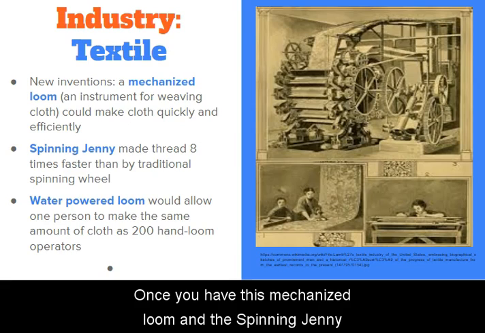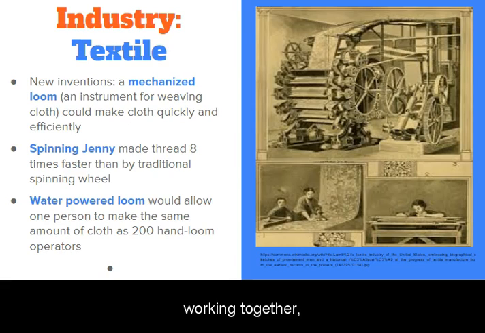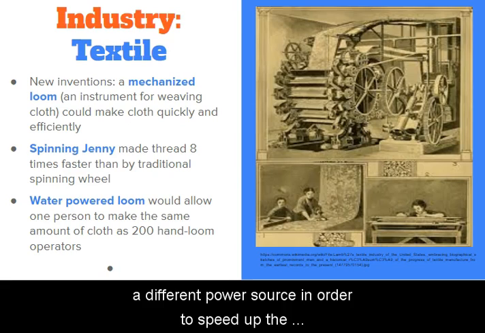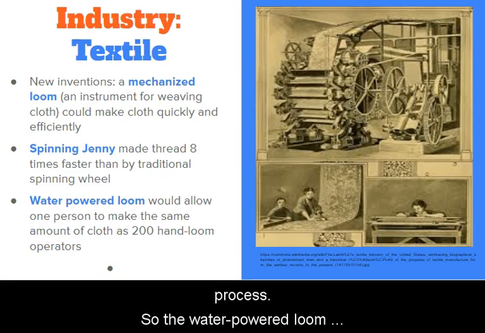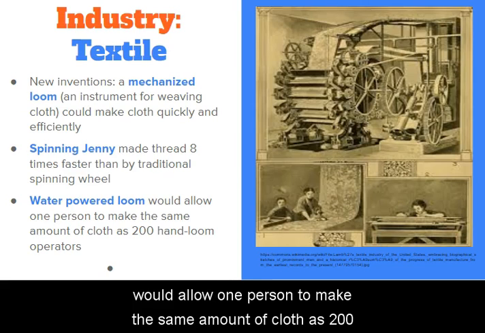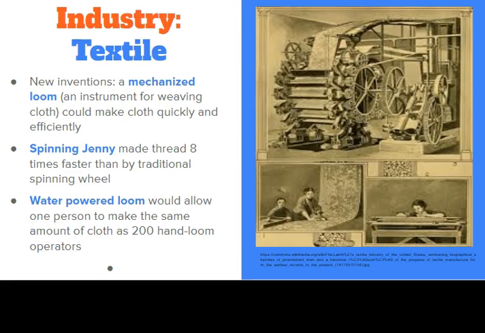Once you have this mechanized loom and the spinning jenny working together, industry really needed a different power source in order to speed up the process. So the water-powered loom would allow one person to make the same amount of cloth as 200 hand loom operators.